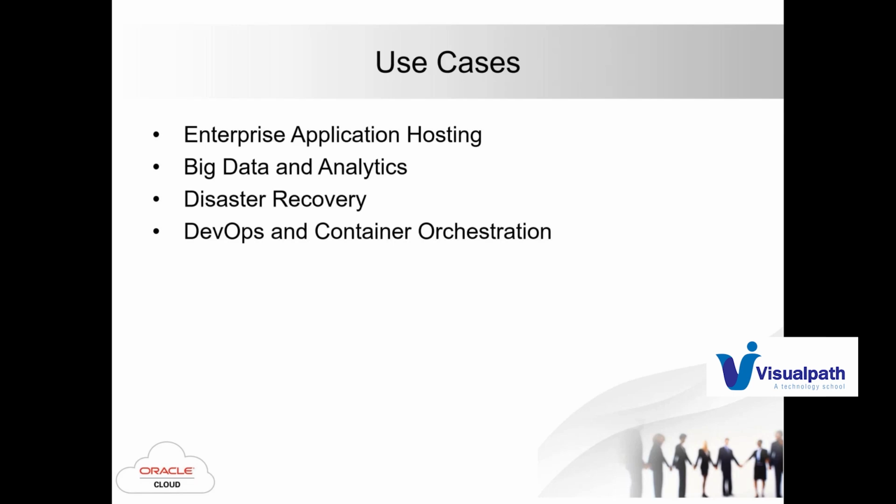You can create your own setup here, and if something goes wrong on-prem, you can migrate all your workloads or connections to this cloud site. And DevOps and container orchestration I told you earlier. For all these purposes we can use Oracle Cloud Infrastructure.